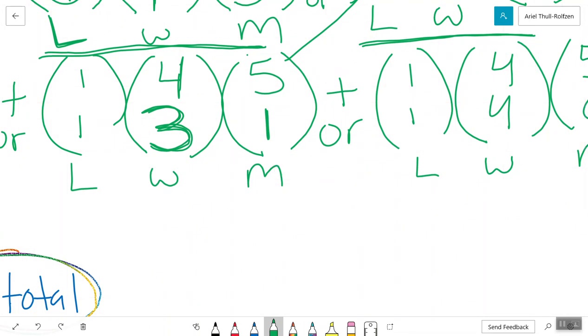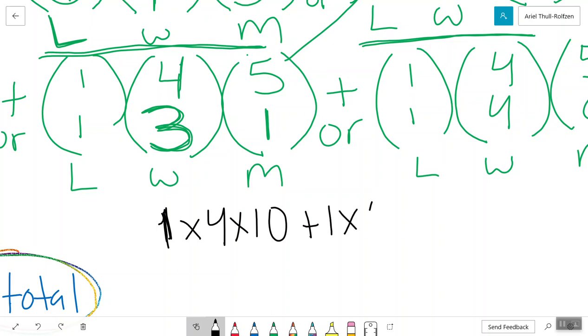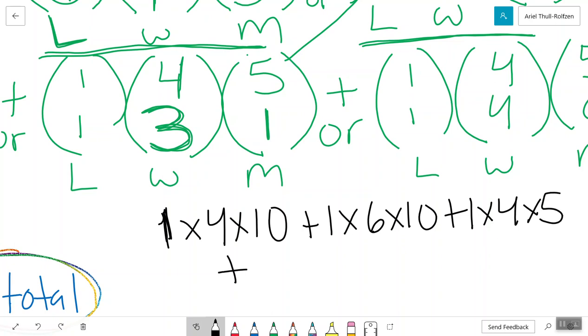And now when we go through and do the math for all of these combinations, we are going to end up getting 1 for Linda times 4 times 10, plus 1 times 6 times 10, plus 1 times 4 times 5, plus 1 times 1 times 1.